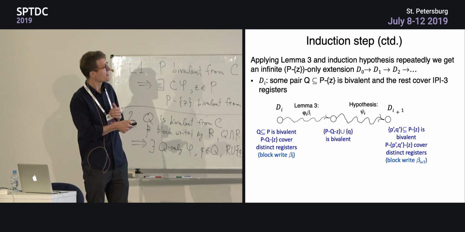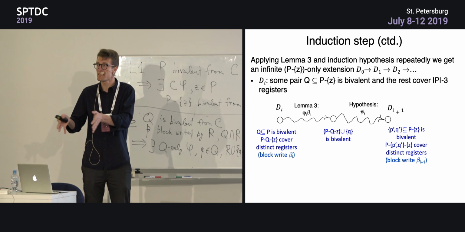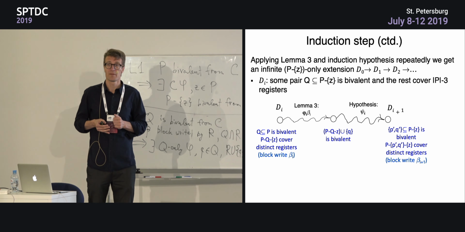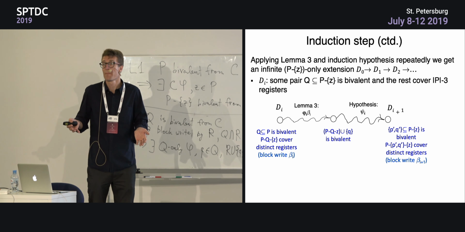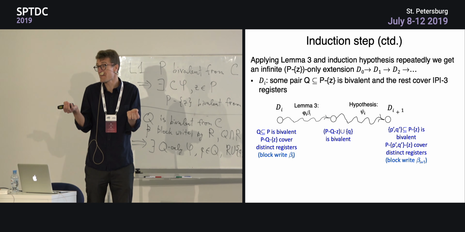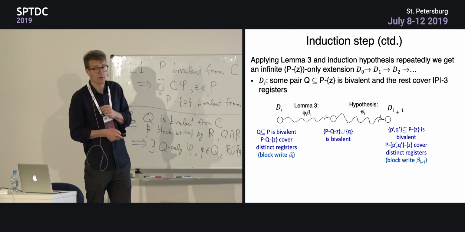And I have a series of configurations, D_i, D_{i+1}, D_{i+2}, in which subsets of this finite set of registers are covered. But the set of registers at my disposal is finite, which means that there must be two configurations in this series which cover exactly the same set of registers, because a finite set can only have a finite number of subsets of size p minus 2, or p minus 3, sorry.